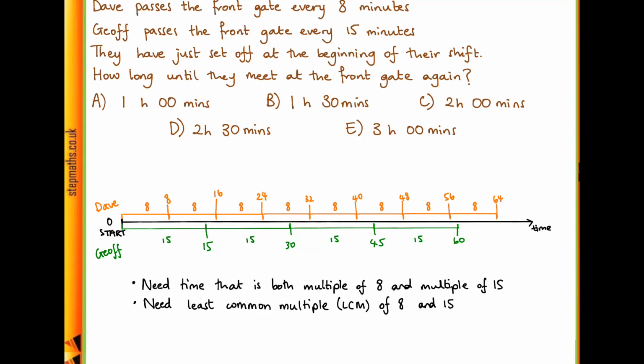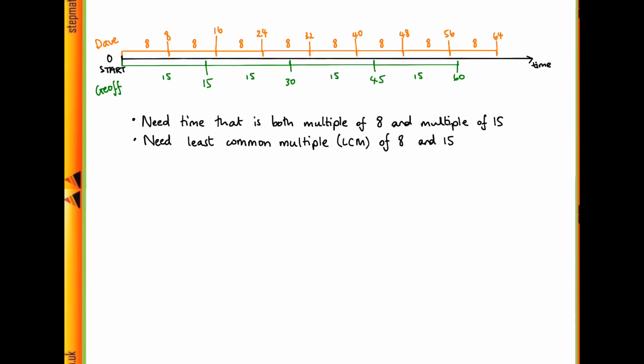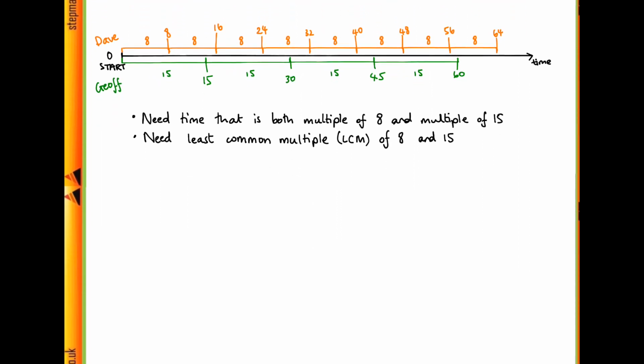Now, there is a way of finding the least common multiple without writing all of the multiples down, and that involves using prime factors. If you know how to do this, then you can skip this part. But if I was looking for the LCM of 8 and 14 instead, then I can say that 8 is 2 times 2 times 2, and 14 is 2 times 7.